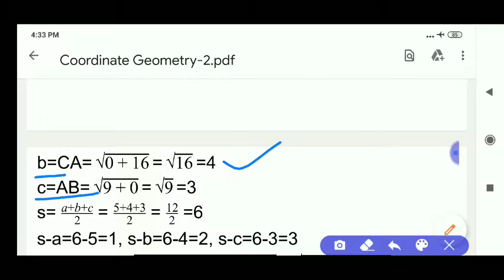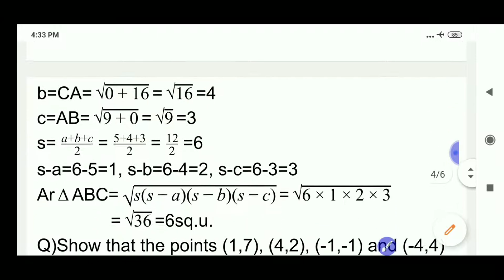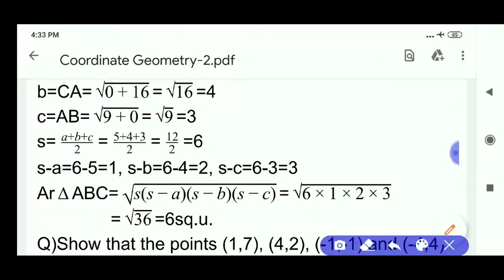And c is the distance between A and B, that is 3. We already told you s means (a plus b plus c) by 2. a is 5, b is 4, c is 3. 5 plus 4 plus 3 by 2 is 12 by 2. That means the value of s is 6.